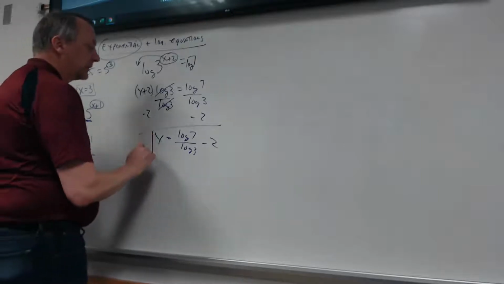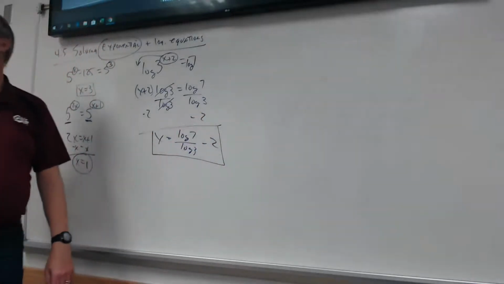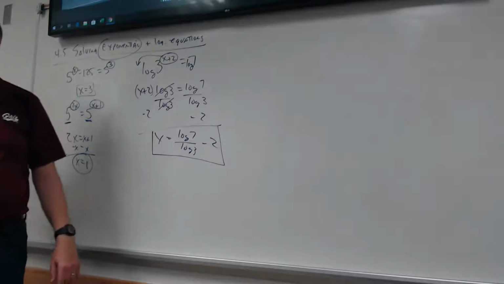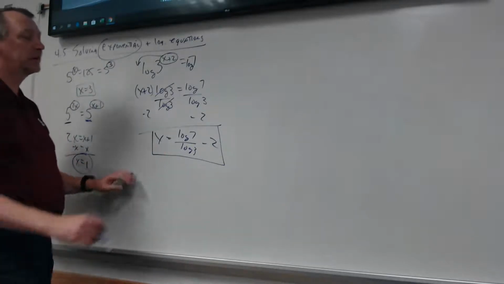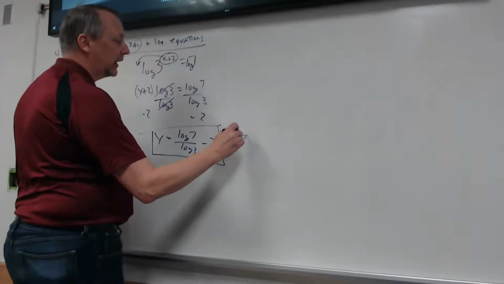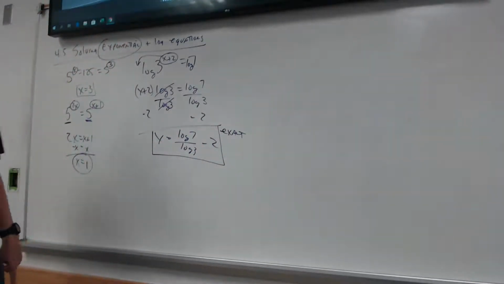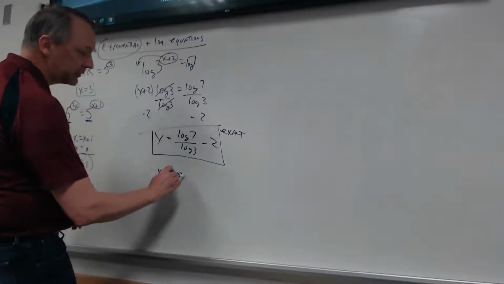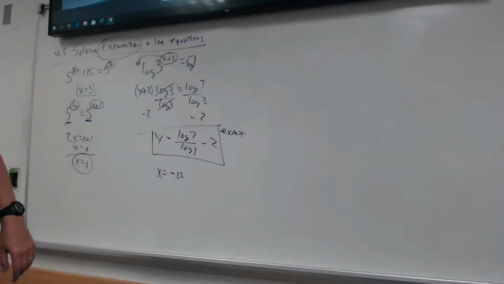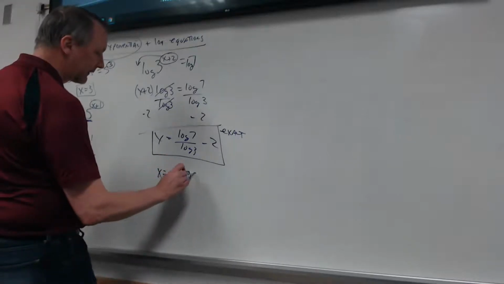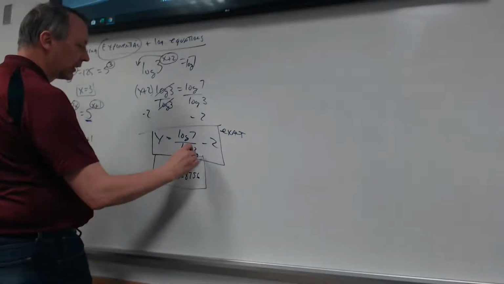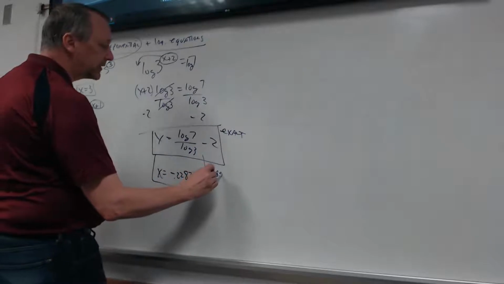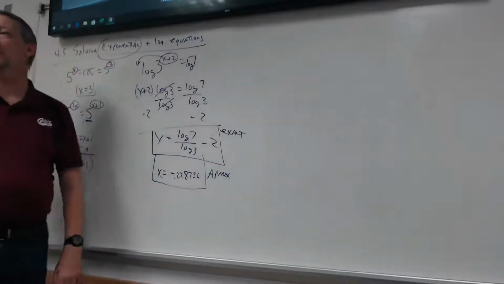If I say no calculators tomorrow, I haven't decided yet, that's what we would call the exact answer. If you put it in your calculator, you should get x equals negative 0.228756. That's what we would call the approximate solution, because there's actually more decimals than that.